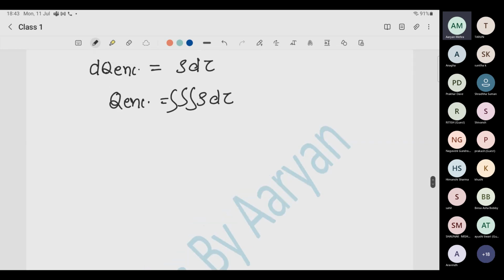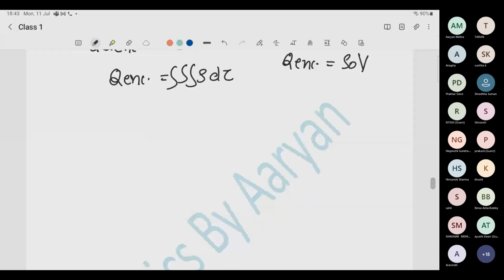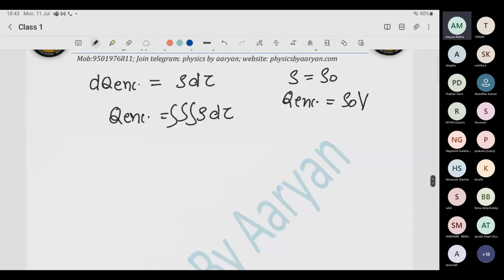Now understand very clearly. If your charge density was constant like this, then you can simply find the charge enclosed equals rho naught into V, that is the total volume. But here the charge density is not constant.